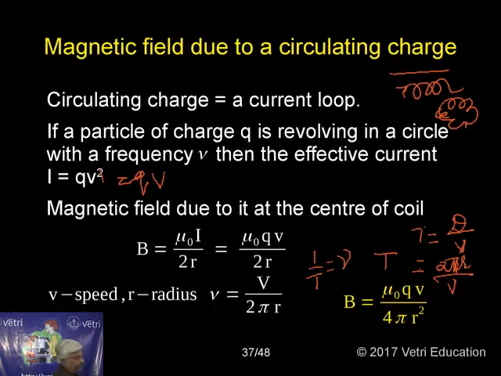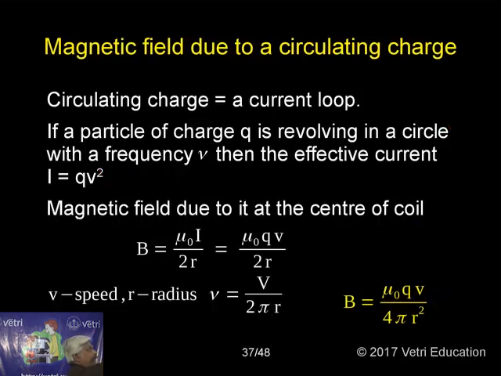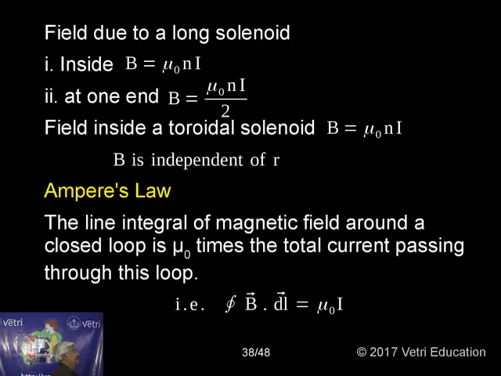What is nu? Nu is v by 2 pi r. This is the new formula for a current carrying loop, the circle.